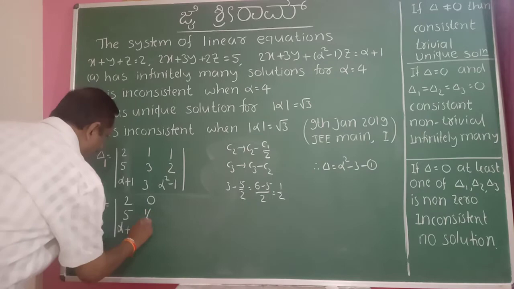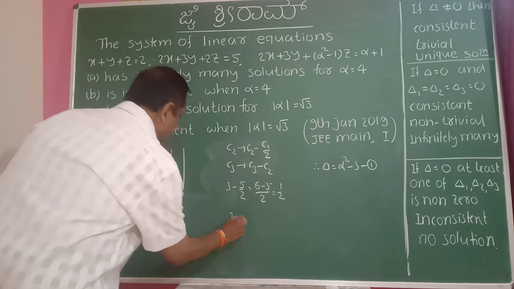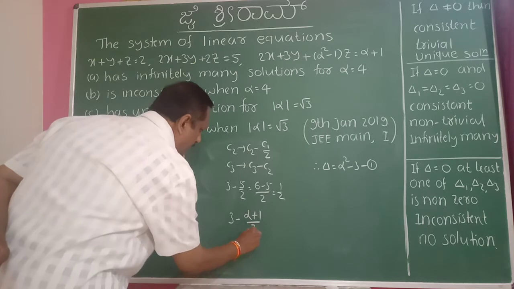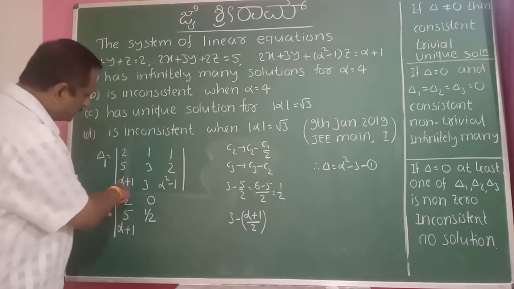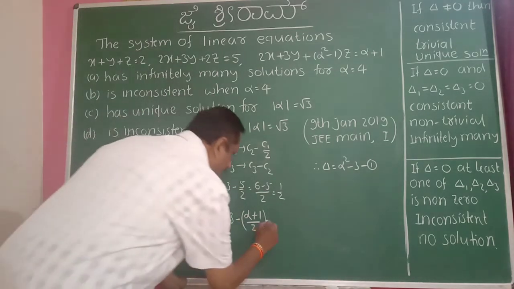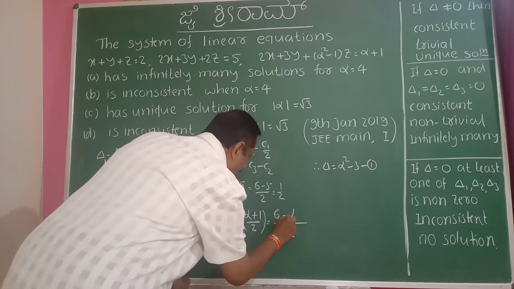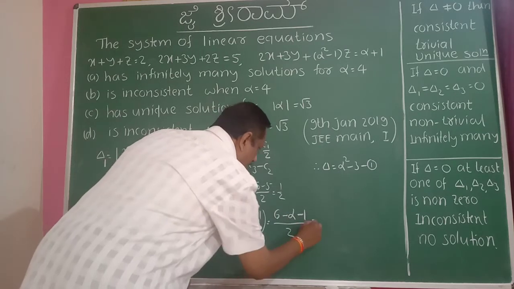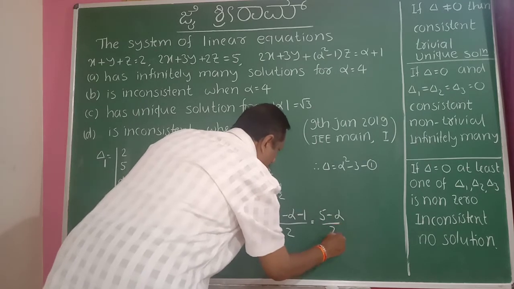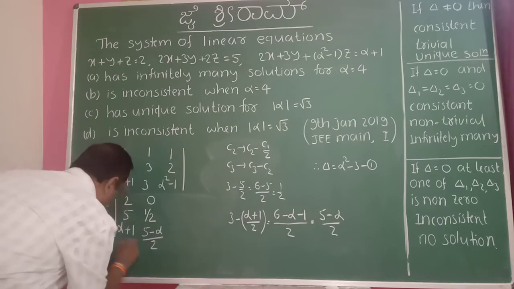Then 3 minus alpha plus 1 upon 2. Taking the LCM, 2 is 6 minus alpha minus 1. Therefore 6 minus 1 becomes 5, so it gives 5 minus alpha divided by 2.